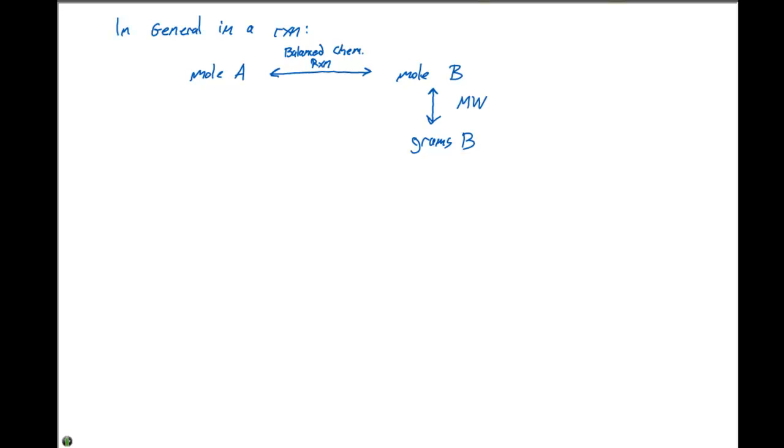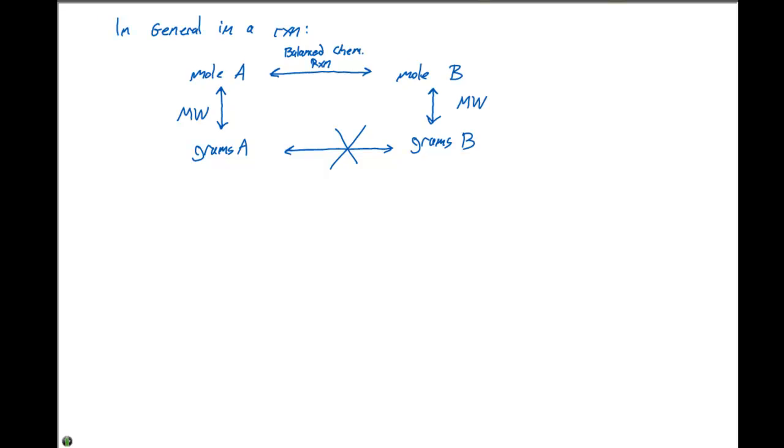We can also go over here to species A and convert moles of A to grams of A, and grams of A to moles of A. Again, we use the molecular weight to do this. Unfortunately, there's no direct step to convert grams of A to grams of B or vice versa.